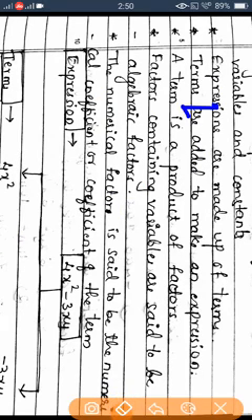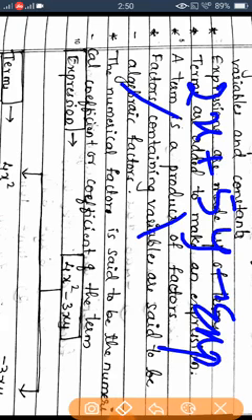Once again, 2x plus 5y is called an expression. In this, 2x and 5y are called terms. If you add these terms, you make an expression, and these terms are made up of factors.